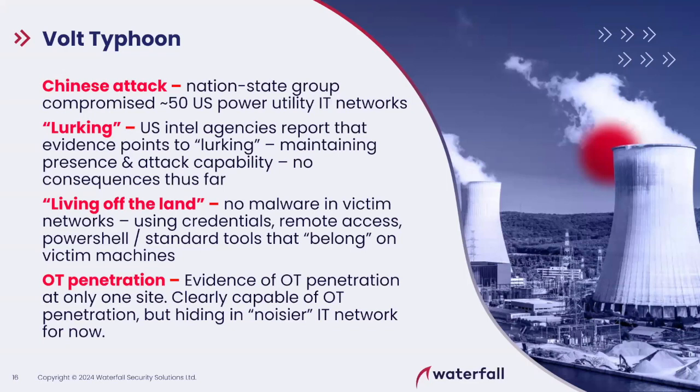The lights stayed on, and most of these were power utilities. Why are we talking about it? It goes into our section of the report called near misses. These are attacks where if the circumstances had been a little bit different, if the intent of the adversary had been a little bit different, we would have seen physical consequences.